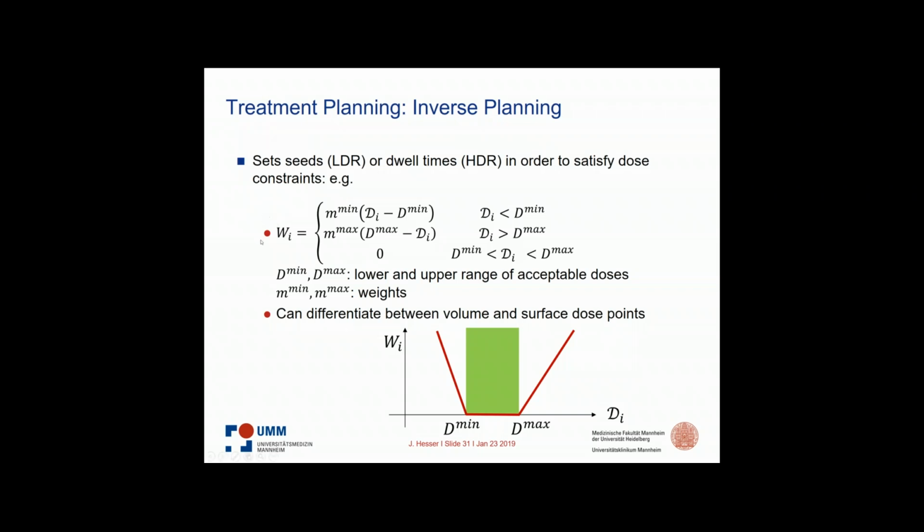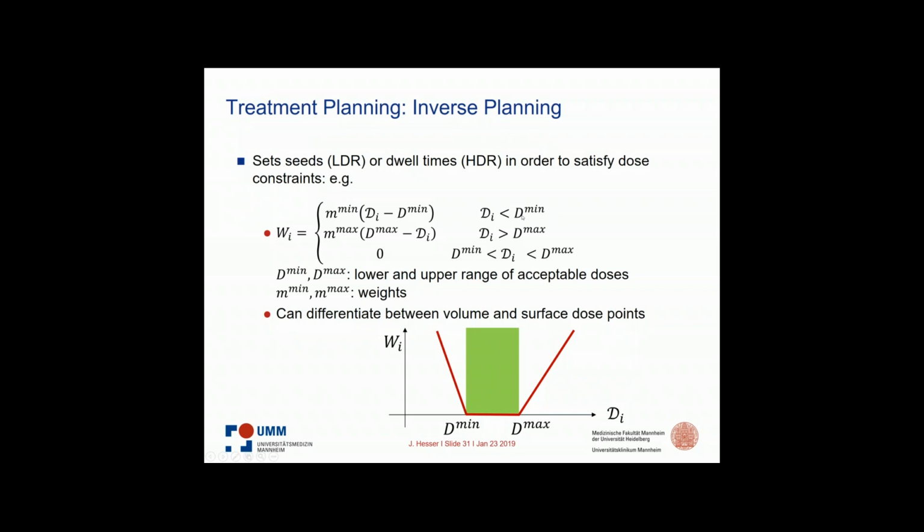So what we define are weights, say constraints and penalty values. And we differentiate between the case where the dose at point i that we have calculated is below a prescribed minimum.